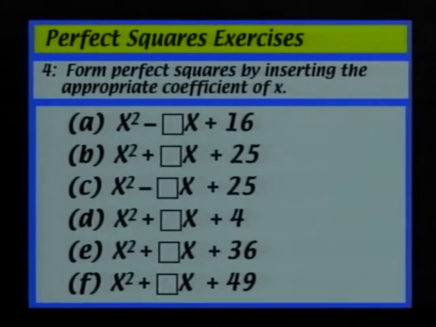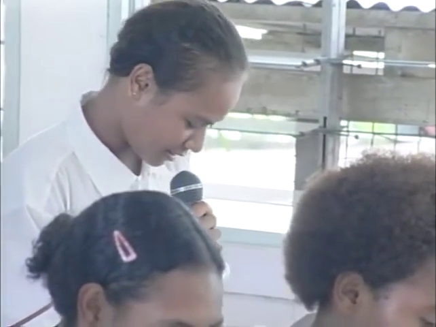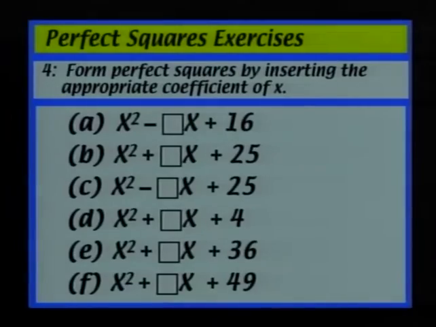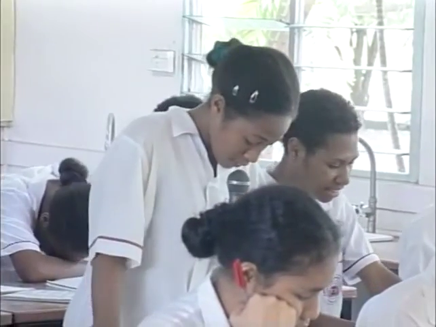Garonamo. You are now going to put the number in the square. That also makes those expressions perfect squares. Letter A. X squared minus 8x plus 16. Good. Letter B, Raylene. X squared plus 10x plus 25. Good. Agnes. X squared minus 10x plus 25. Good. Ponrelay.